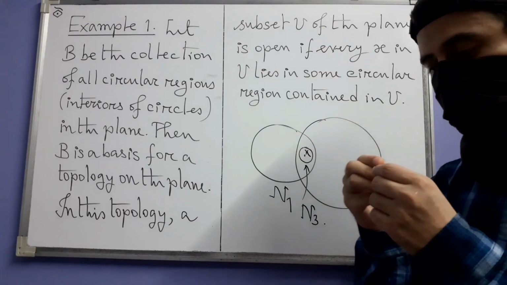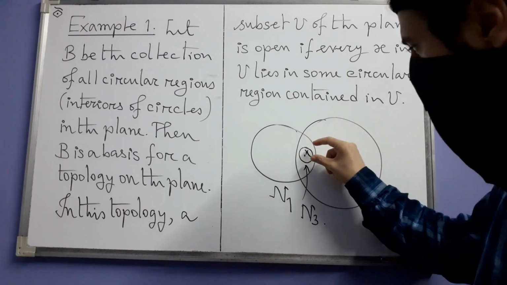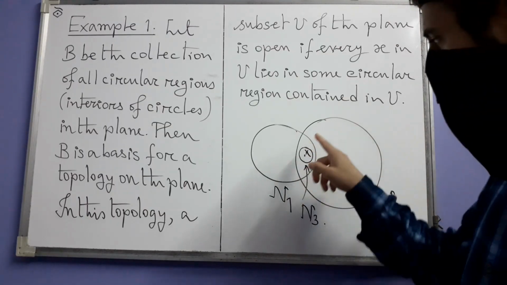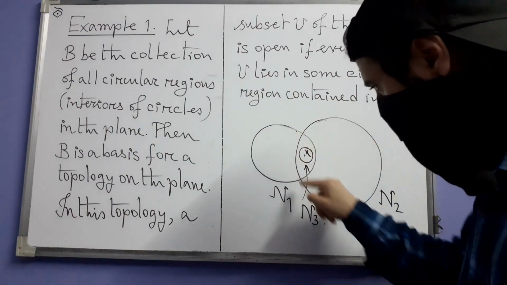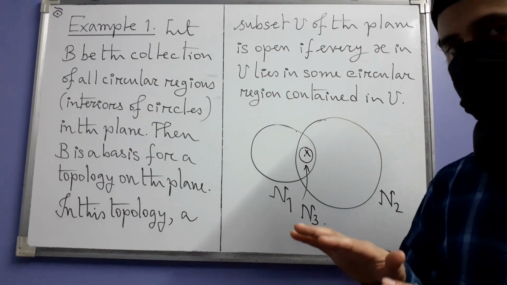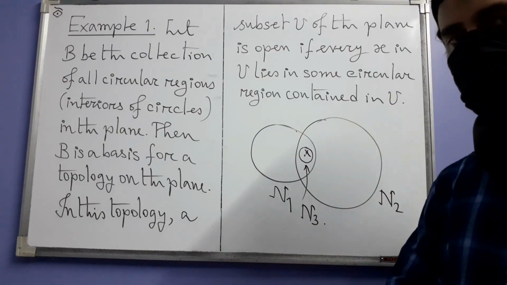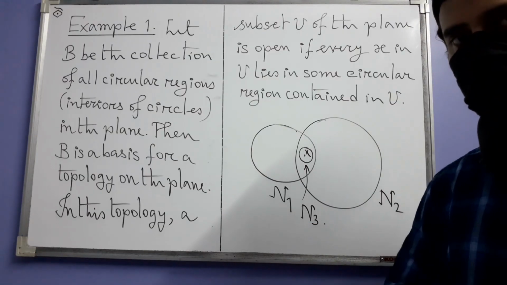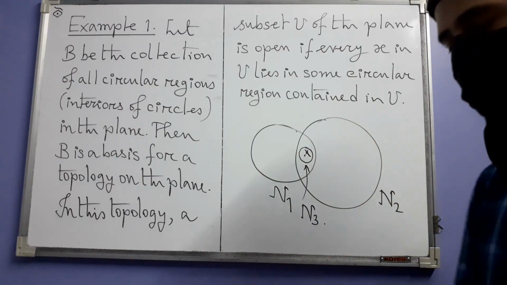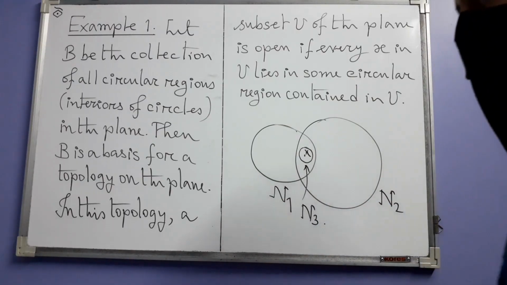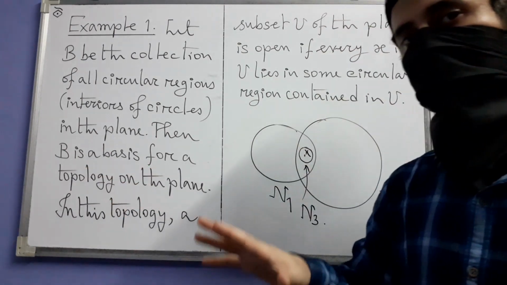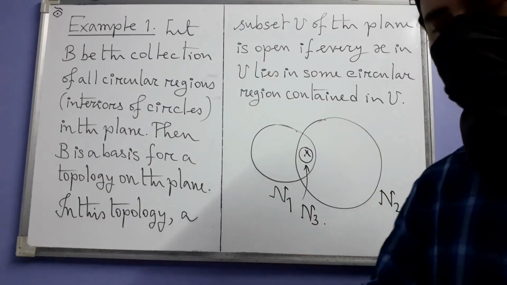You can choose the radius so small that the resulting circle will be entirely contained within this intersection. If you really want to rigorously prove it using the axioms of geometry, it will take a long time, but that's not the point here. The point here is that we know that it will happen. Okay, so that is why condition 2 is also true in this case, and this is a legitimate basis for some topology on the plane.